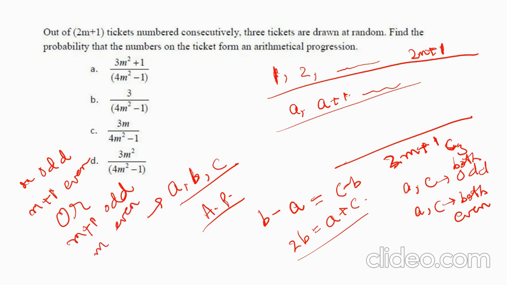Let's say we are starting from 2, 3. If you start from 1, then it will be m plus 1 odd and m even terms.